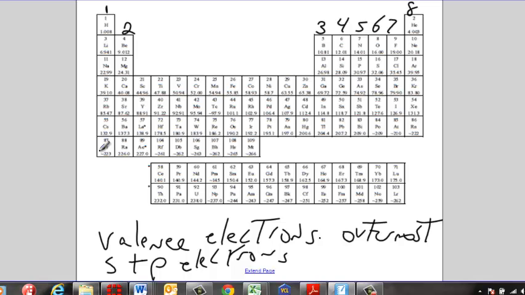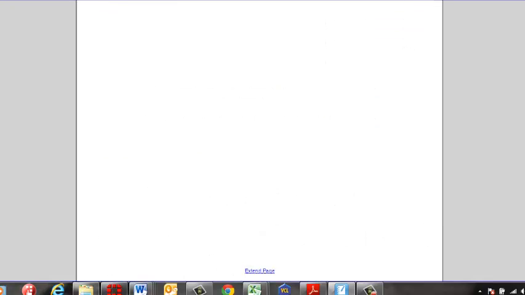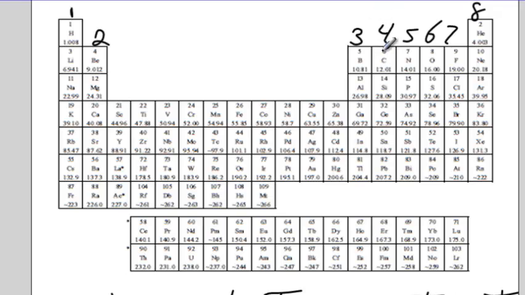Okay, but since we're talking about covalent, we're only going to be talking about nonmetals bonding to nonmetals. So in order to draw a Lewis-Dots structure, the first thing we need to do is count all the valence electrons. Let's start with an easy molecule, CH4. So if I look here on my periodic table, here's carbon, it has 4 valence electrons.